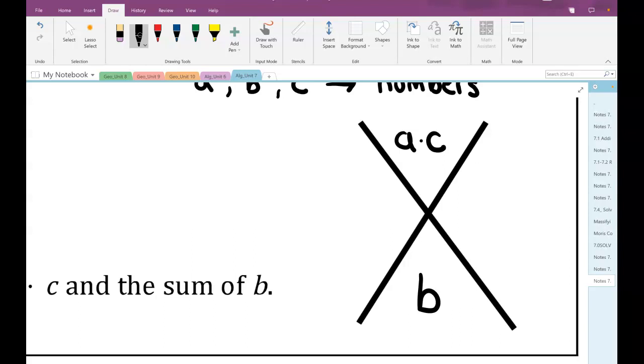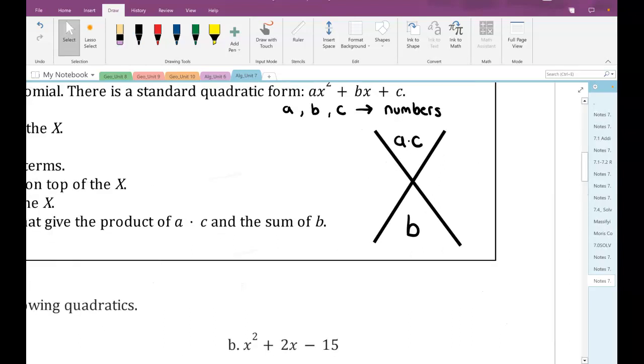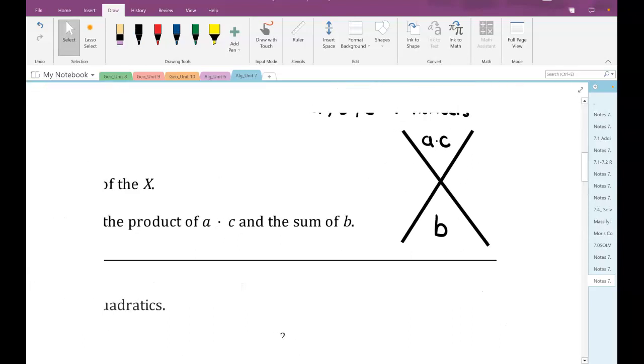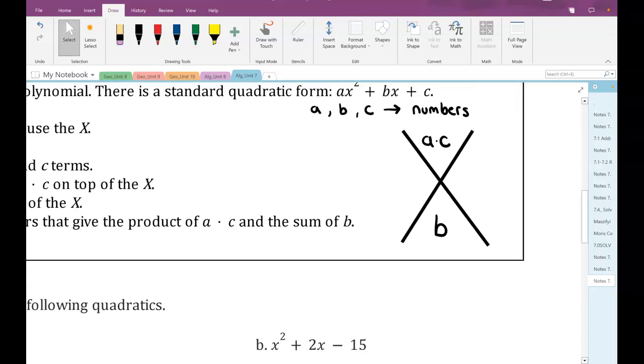And what we're going to do is, if you think of this as just filling in a chart, it's really easy. So these two are going to be given to us. Our two spaces on the side we'll have to figure out. And we can't just plug in any two numbers. There are going to be two specific numbers. Our two numbers that we plug in, when we multiply them together, they have to equal the number on the top. When we add them together, they have to equal the number on the bottom.